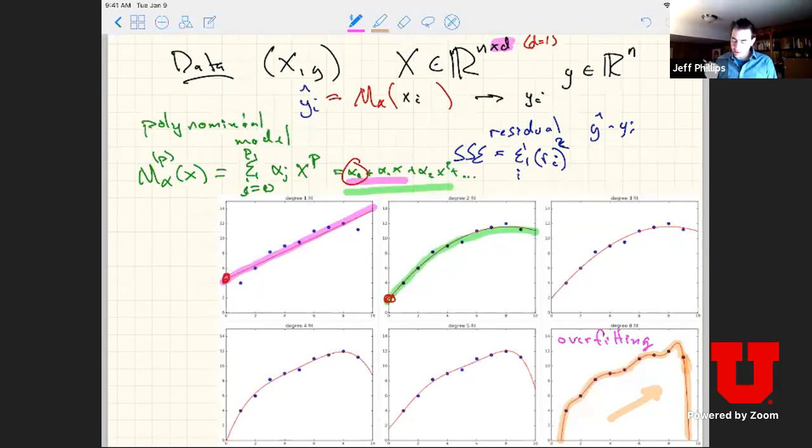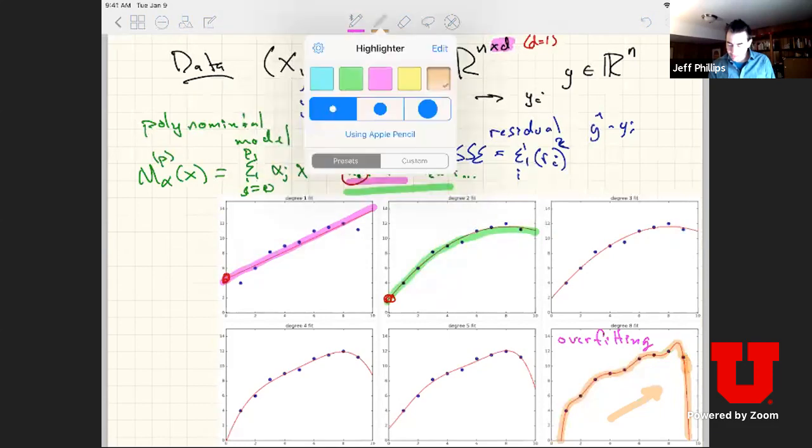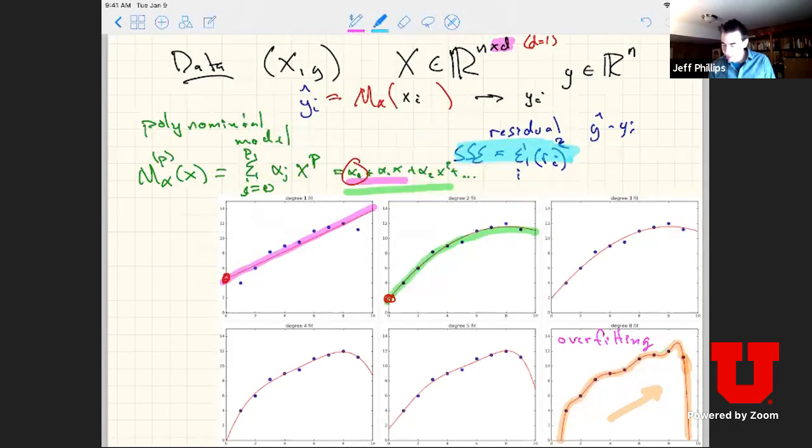And then the second model is doing good because it's fitting the data better than the first model. If I could calculate the residual on these, right? Remember, I can calculate this sum of squared errors on the residual, and the second model will clearly be better. It will be a better fit. In fact, the second model is only more powerful because if I set alpha 2 equal to 0, and then I solve for alpha 0 and alpha 1, well, then that's going to give me a linear model again.